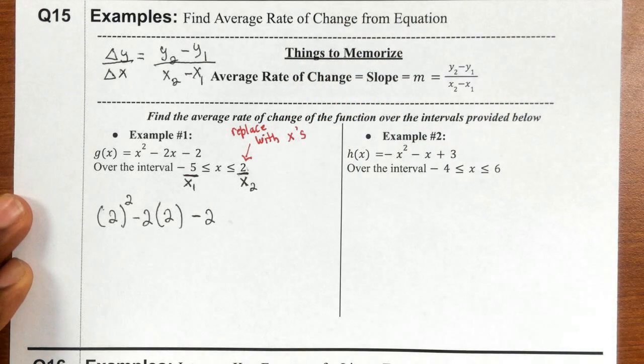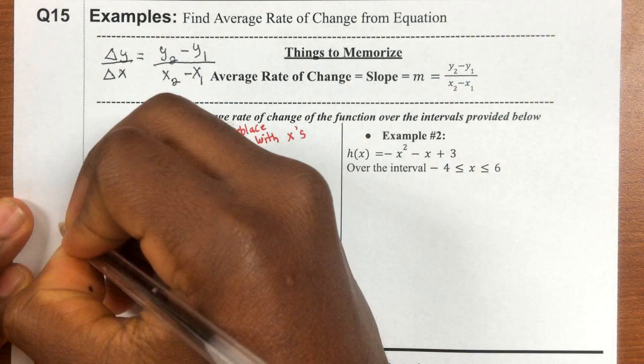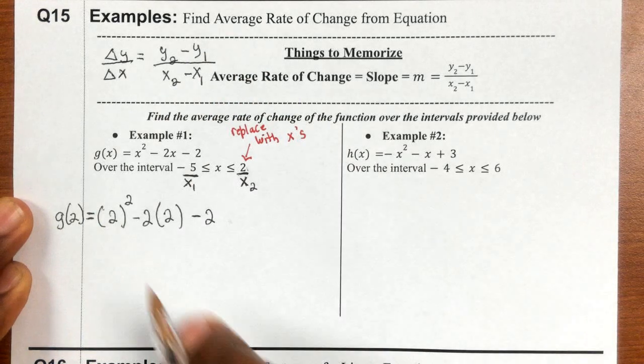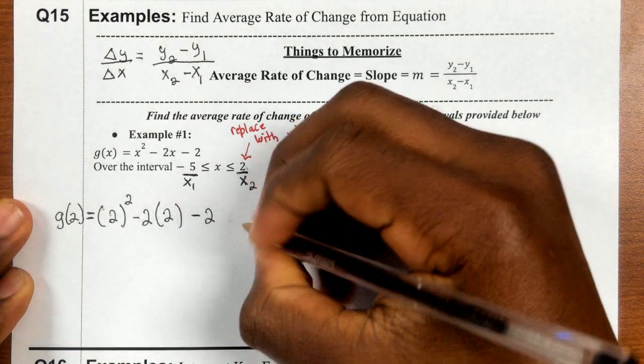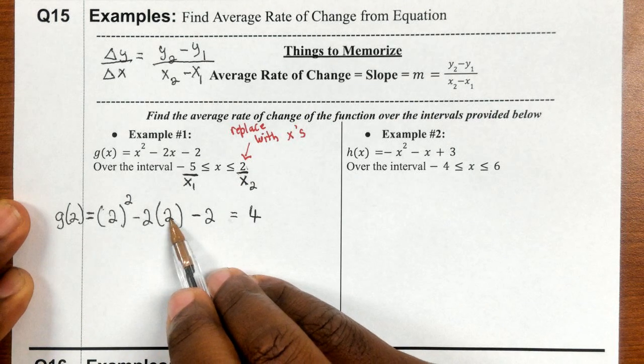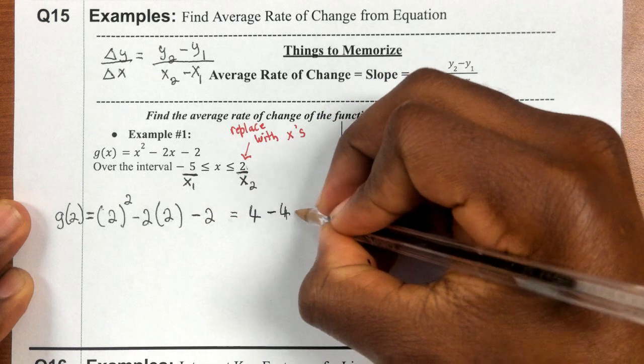Alright. So now I'm going to go ahead and calculate. Again, I'm first calculating g of 2. When I calculate 2 squared, I get 4. Negative 2 times positive 2 is negative 4. And the negative 2 I bring down.